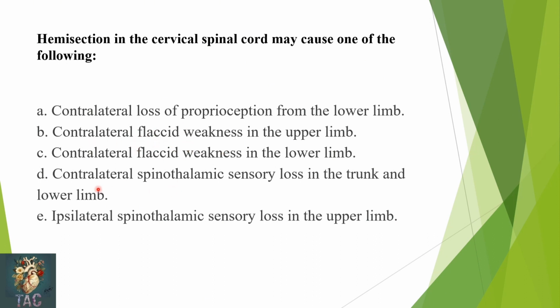The contralateral spinothalamic tract sensory loss in the trunk, and yes, it is the true option, because below the lesion in the hemisection there is a contralateral loss of sensation. If the cervical spinal cord is affected, in the trunk and lower limb there will be sensory loss of the spinothalamic tract. So again, ipsilateral spinothalamic tract in upper limb is the wrong option.